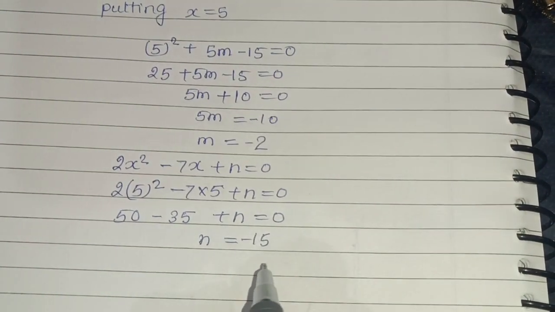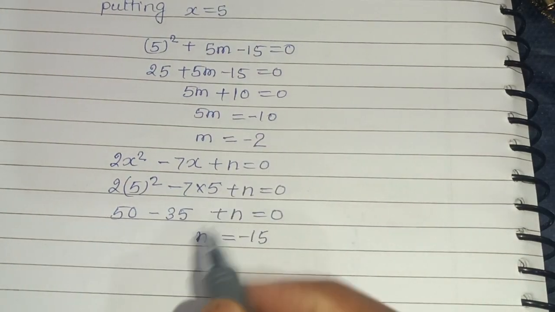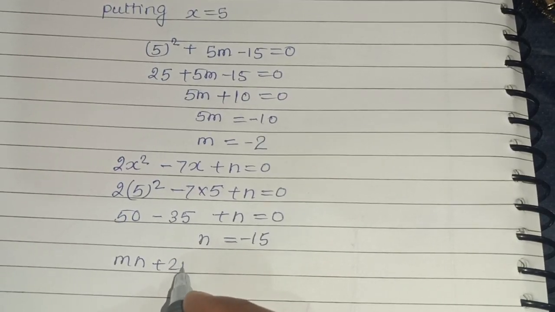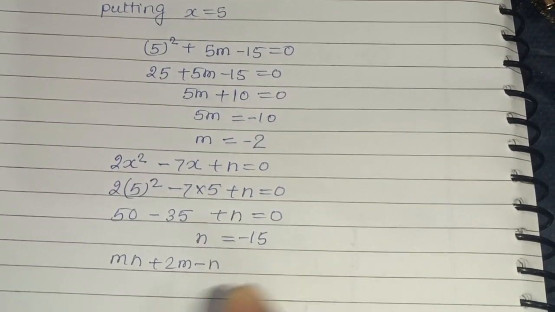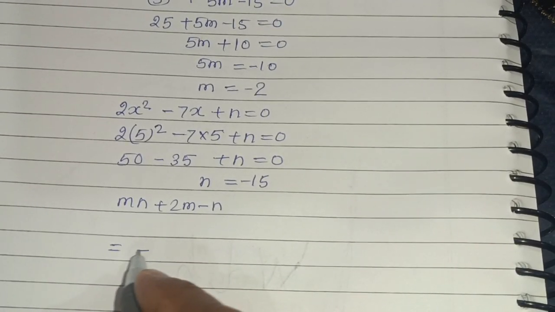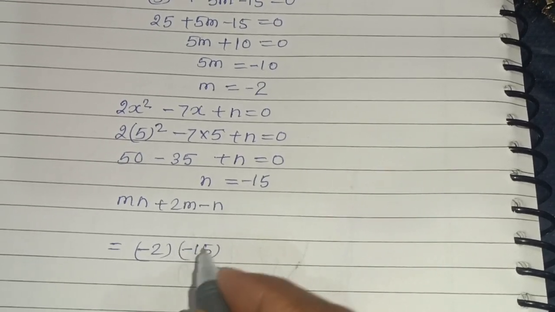So putting these values of m and n in mn plus 2m minus n, we will get the answer. The value of m is minus 2, n is minus 15.